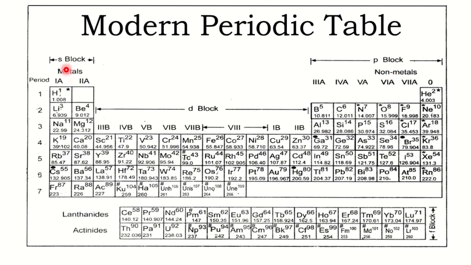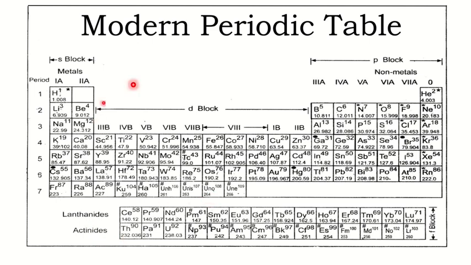This is one block, the S block. This is another block, the P block. And the main part of the periodic table, the middle part, represents the D block. It starts from 3B, 4B, 5B, 6B, 7B and 8 and 1B, 2B. They come under D block elements. And this is the F block element. Which ones? Lanthanides and actinides. They come under F block elements.